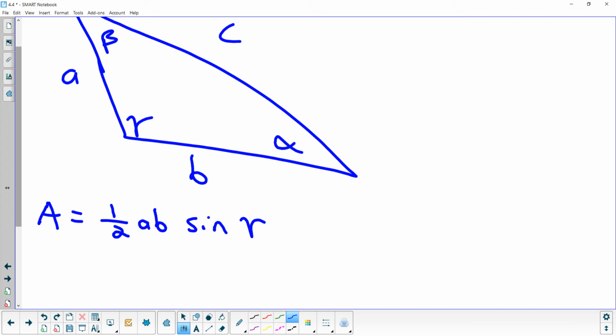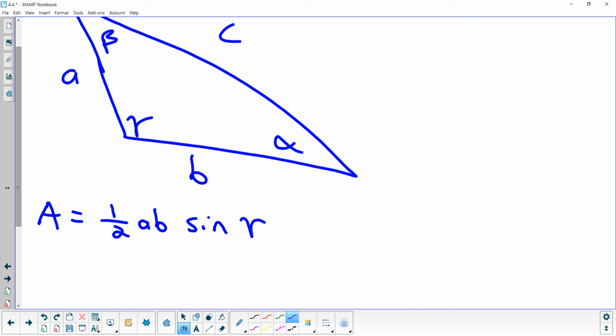So that formula involves two sides and one angle. That's the pattern. To use this formula, you need two sides and one angle. Where is gamma in relation to the two sides that you need to use? James? In between them.